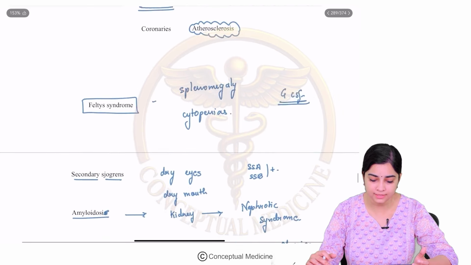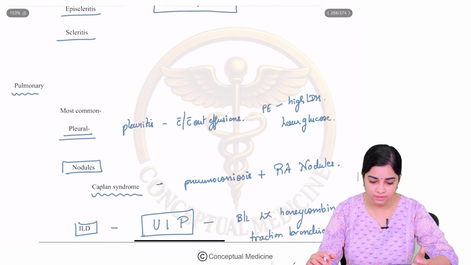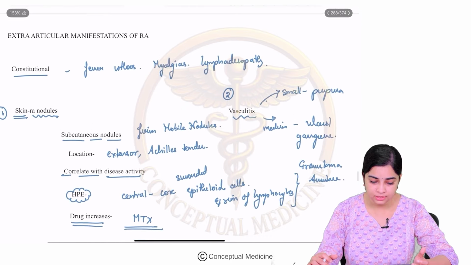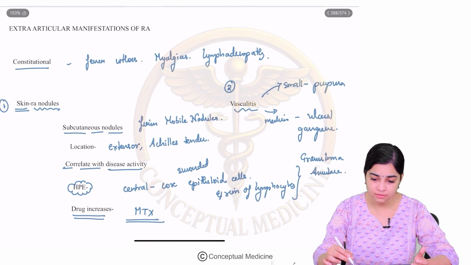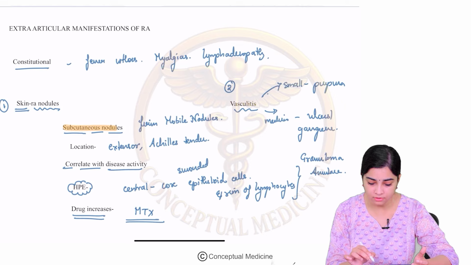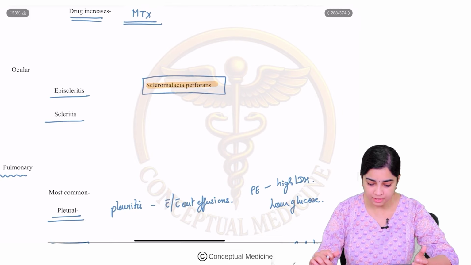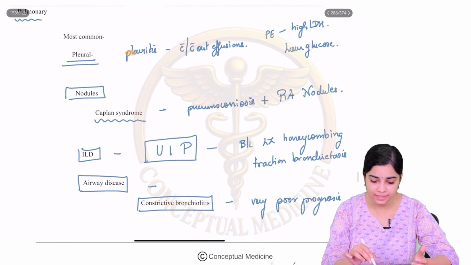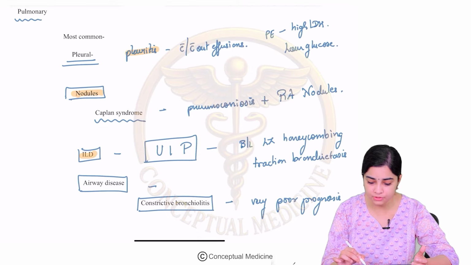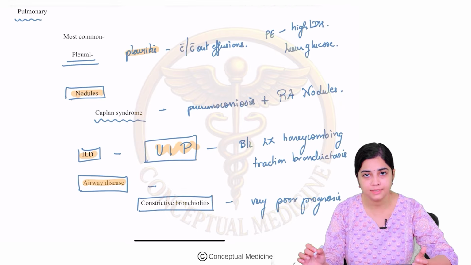So let us just revise that again. What all have we learned? We have learnt about the constitutional symptoms, right? We have learnt about RA nodules, vasculitis, and scleromalacia perforans. Pulmonary manifestations: pleuritis, nodules, ILD, which is a UIP pattern, and airway diseases.